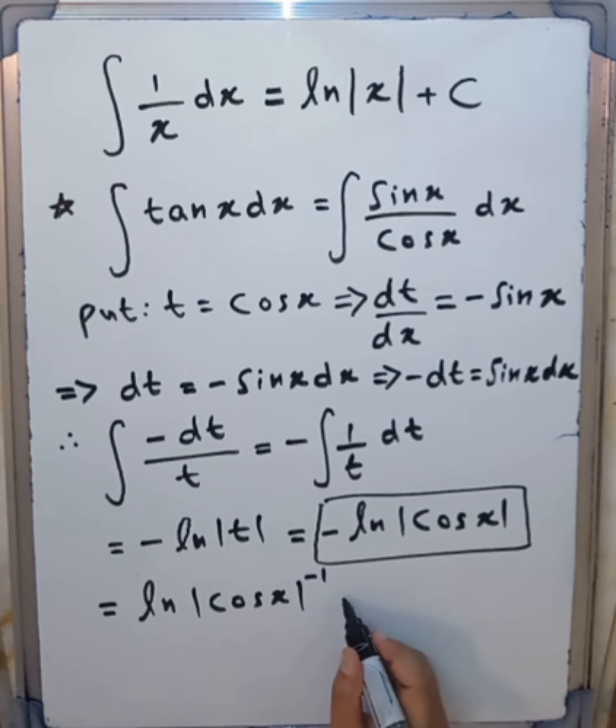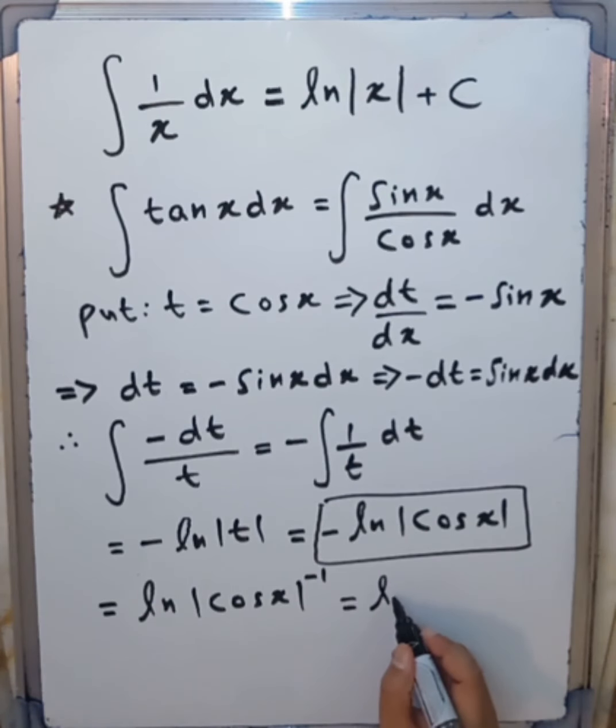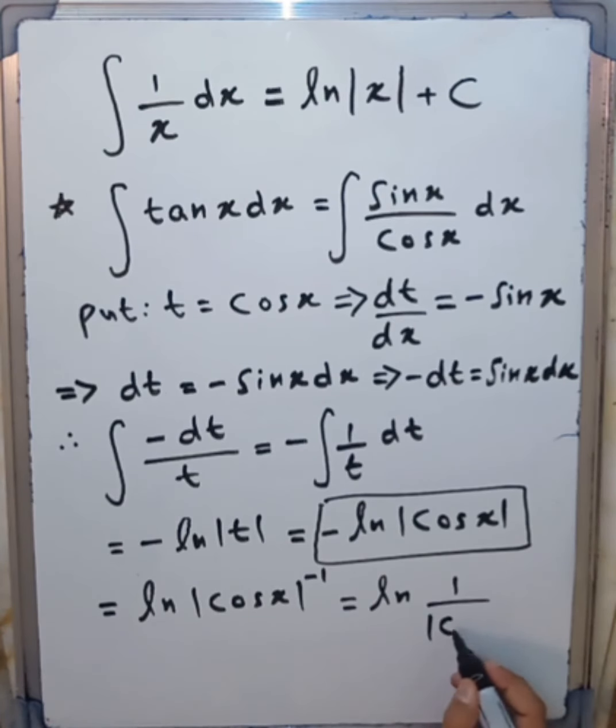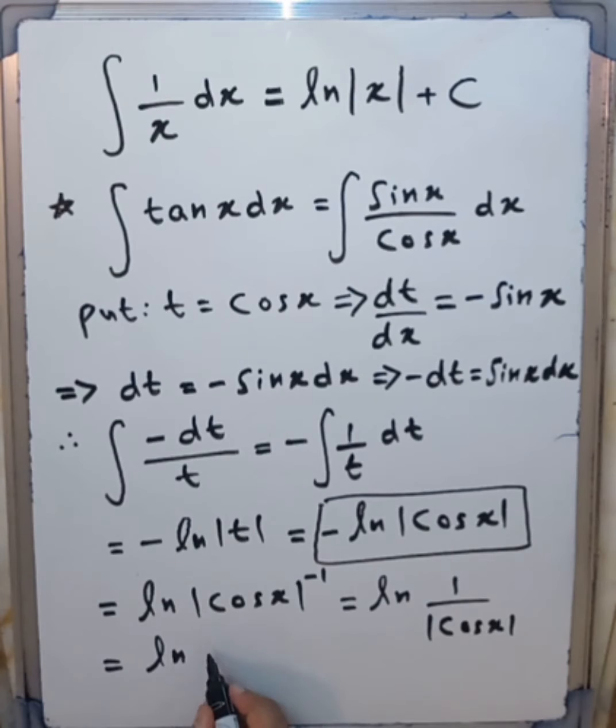This can be written as ln 1 over absolute value of cosine x, and hence as ln absolute value of secant x, because we know that 1 over cosine x is equal to secant x.